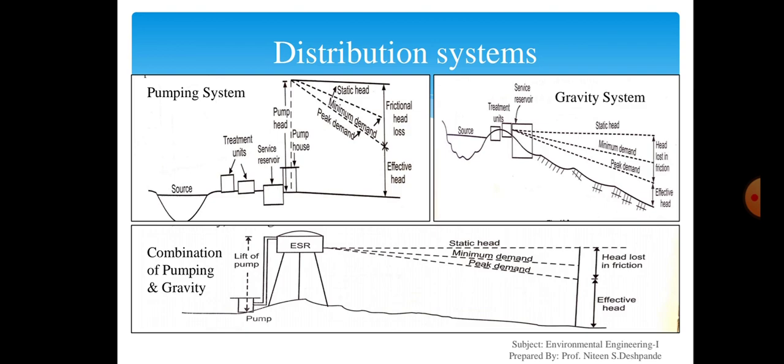The third system is the combination of pumping and gravity system, which is also called the dual system. So in this system, the water after treatment is pumped and stored in the elevated service reservoir. According to the supply hours, the stored water is supplied to the public by gravity.